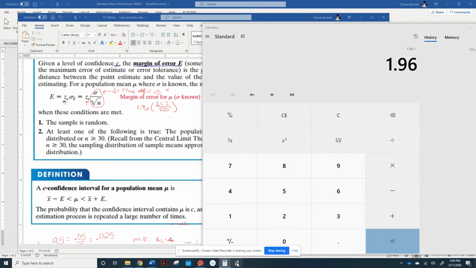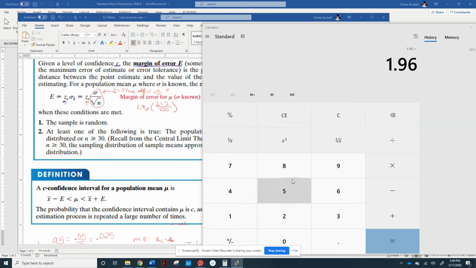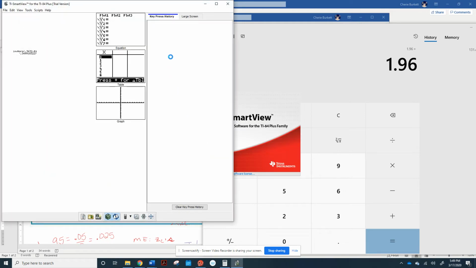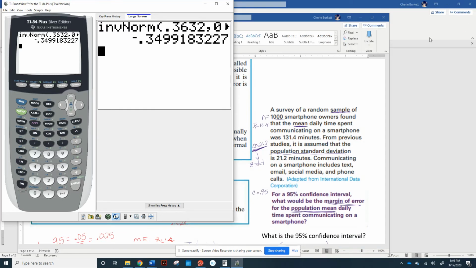Okay, I'm going to use the 84 because it will not bother my high school students as much for me to change calculators as it will the other ones. So we'll use this one just because I don't want to have to deal with parentheses and all that kind of stuff. It'll be easier to type in.